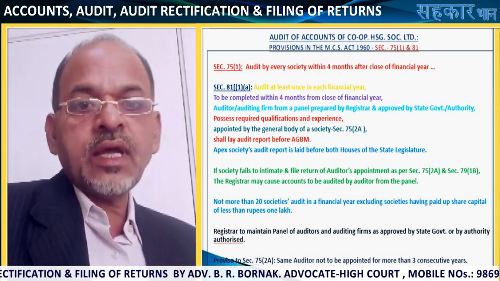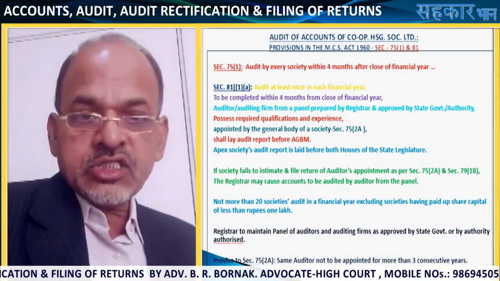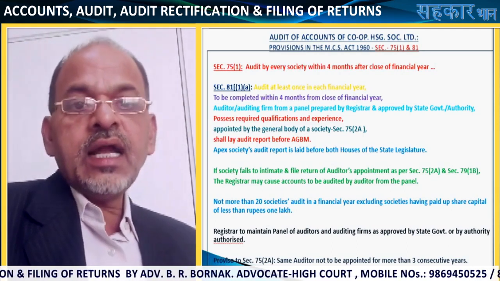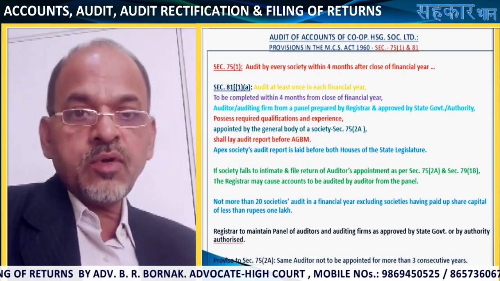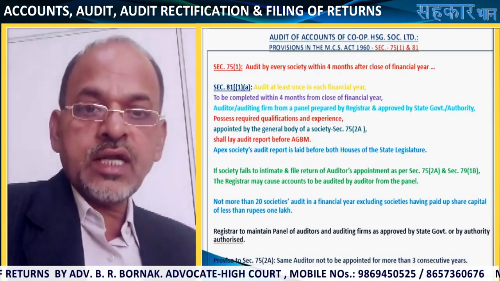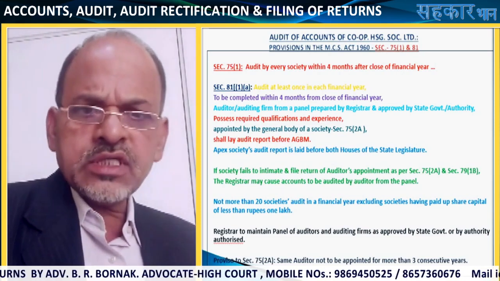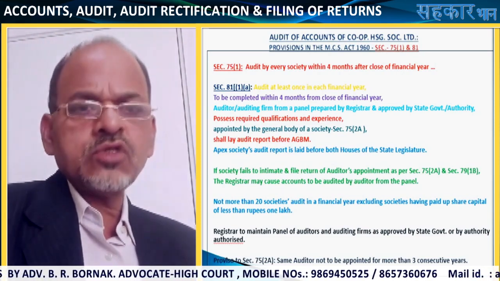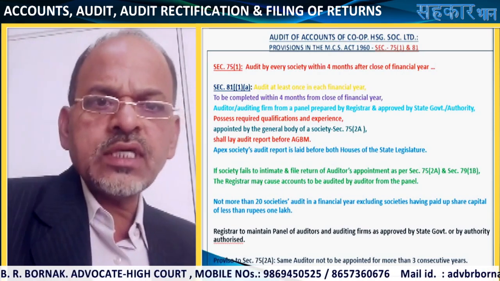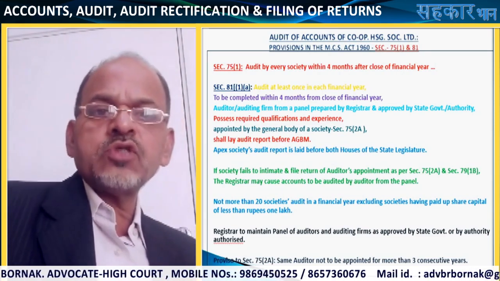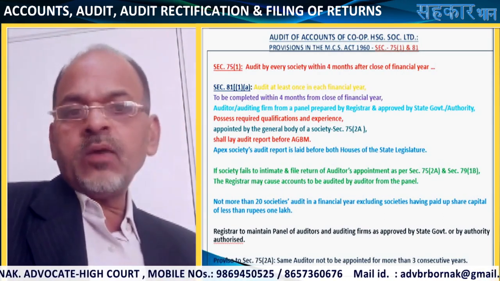Let us see the important provisions which are applicable especially for cooperative housing societies. There are a lot of provisions, but we are concerned with housing societies, and some provisions are not applicable to housing societies. So let us see the important provisions of section 81. First of all, let us see section 81 subsection 1 clause A.